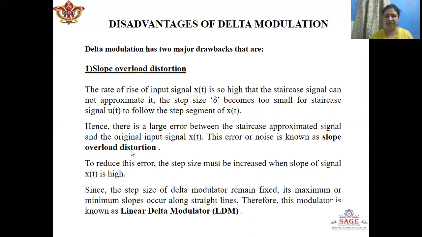Hence, there is a large error between the staircase signal and the original input signal. This error is known as slope overload distortion. To reduce this distortion, the step size must be increased whenever the slope of the signal is high, so that there is a small difference between the signal and the staircase approximated signal.